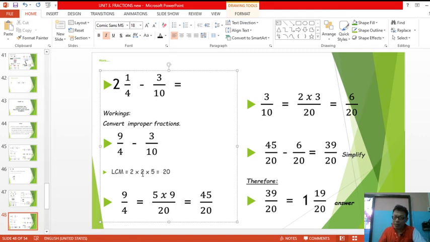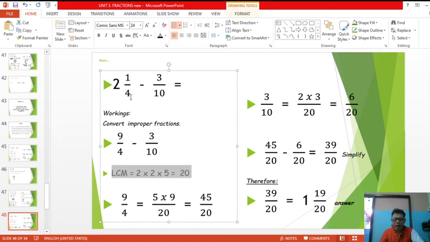Let me enlarge this so that you can see clearer. I urge you to do it yourself so that you'll understand better. This is how I get the LCM. You can do that by yourselves, the same procedure as what I taught you in earlier videos.